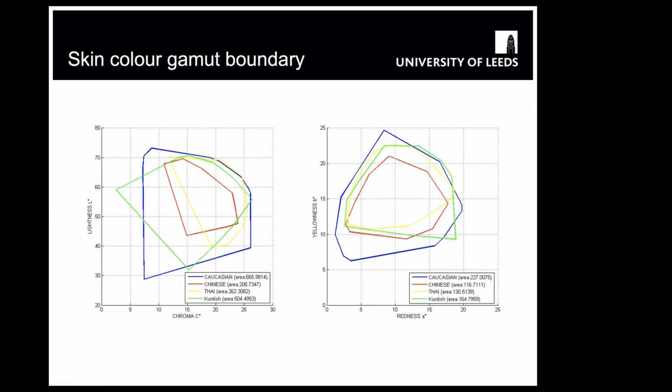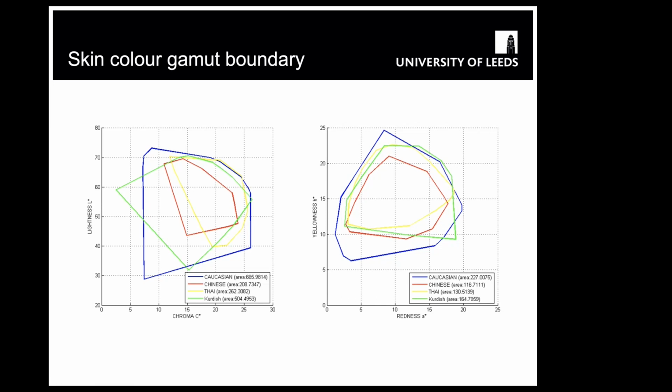So for different ethnic groups, you have a different skin color gamut boundary. But also interestingly, if you look at the hue range of all these colors, it's always between 0 degrees and 90 degrees, okay? So in other words, roughly speaking, the minimum hue angle will possibly be at least 10 degrees.